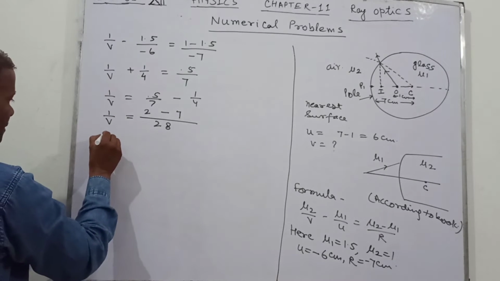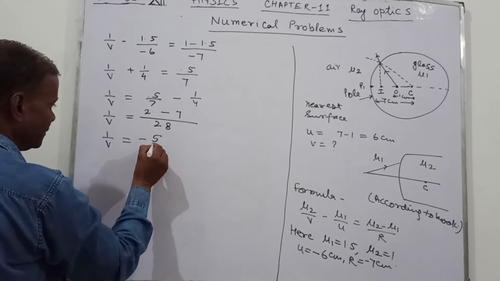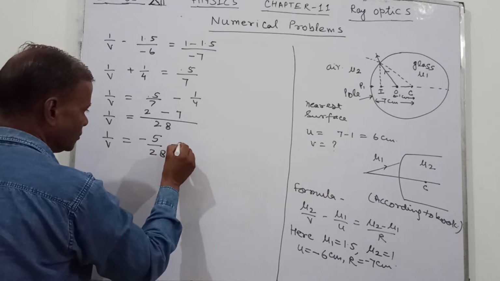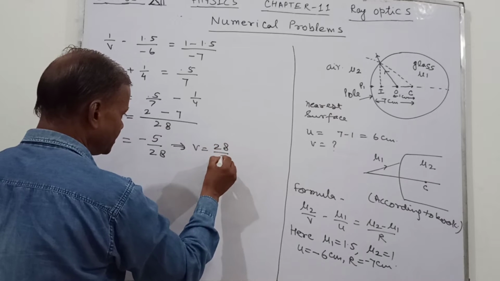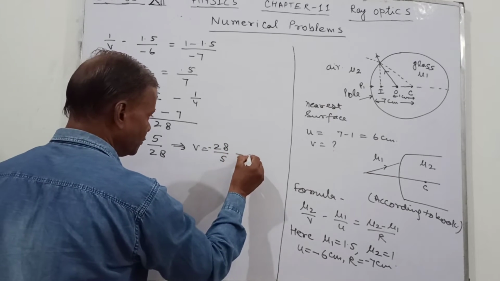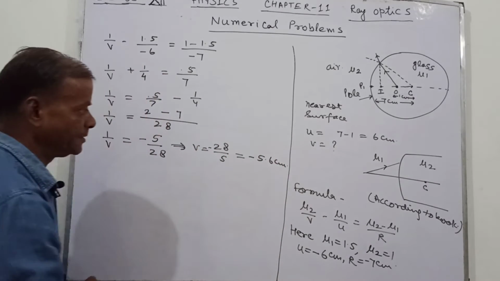So what we are getting is that this 1 upon v is equal to minus 5 upon 28, or this v is equal to 28 upon 5 with a minus sign. So this is equal to minus 5.6 centimeter.